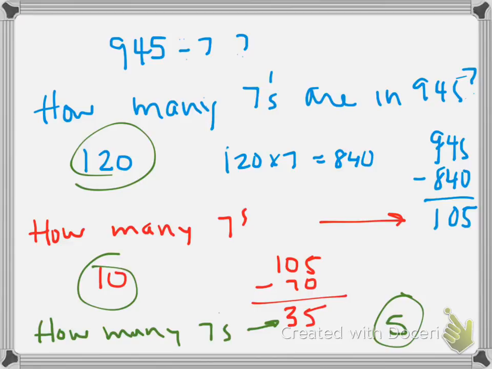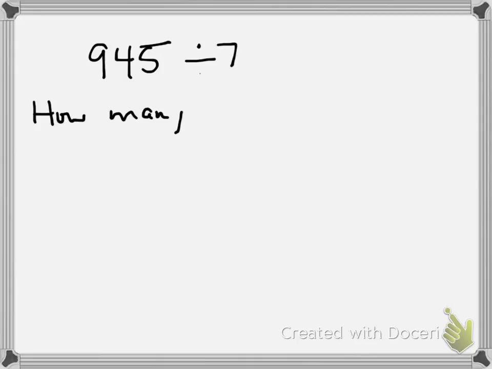Okay, let's try another. Let's start with a different number completely. Okay, let's say I've got 945 divided by 7. Okay, so you start with your first question. How many 7s are in there? Okay, well, let's say I'm not very good with my numbers.